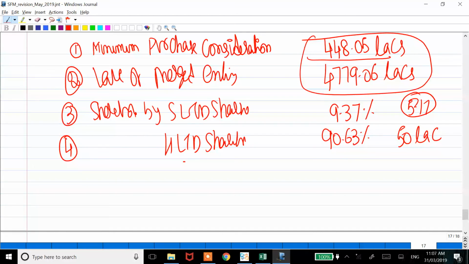I just want to hold 9.37% of the merged entity. Balance, let it be with them. I'm not bothered about it. Minimum, just give me this 9.37% holding. Anything above that is a bonus for me.